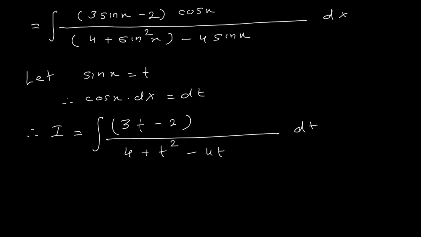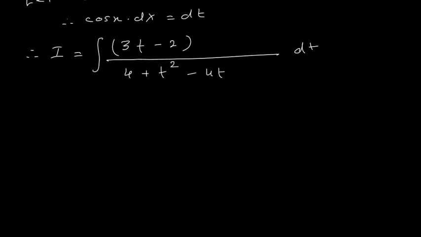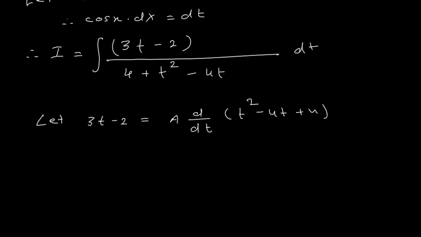Now the numerator is a linear polynomial and the denominator is a quadratic polynomial. So let 3t minus 2 equal a times the derivative of the denominator, that is t square minus 4t plus 4, plus b.